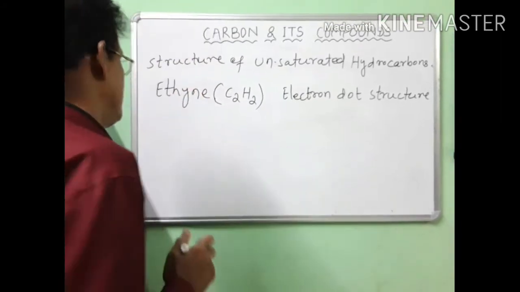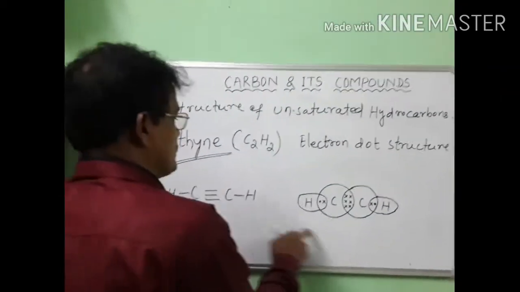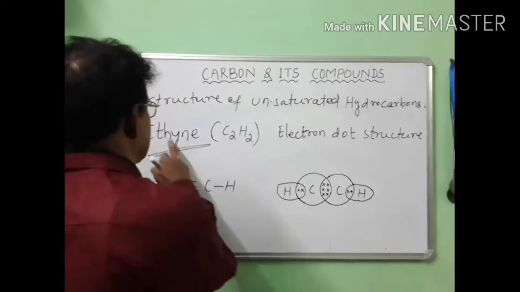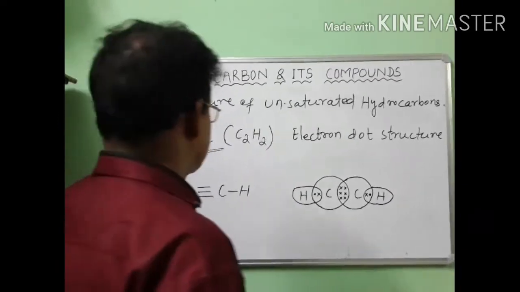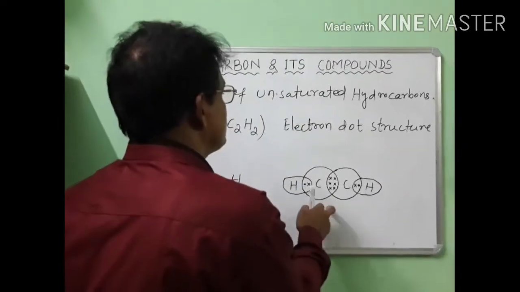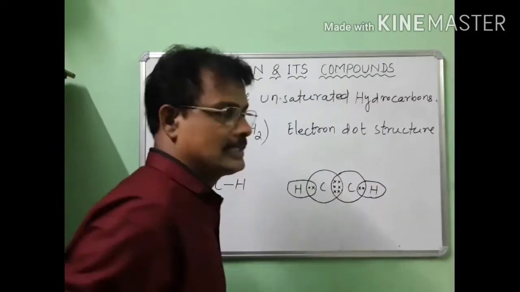The structure is like this. This is the structure of ethyne, and this is the electron dot structure of ethyne.